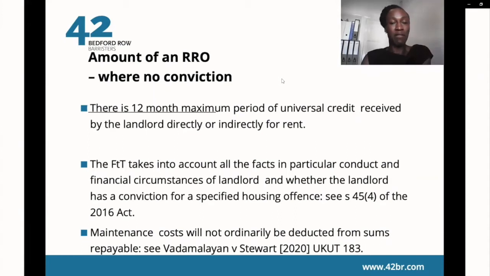However, that doesn't preclude the landlord from submitting evidence in relation to mortgage payments, loan payments, or any other such, because financial circumstances, as I've discussed earlier, can still be considered by the tribunal when looking at section 45(4) in terms of the statutory considerations that the tribunal must have.